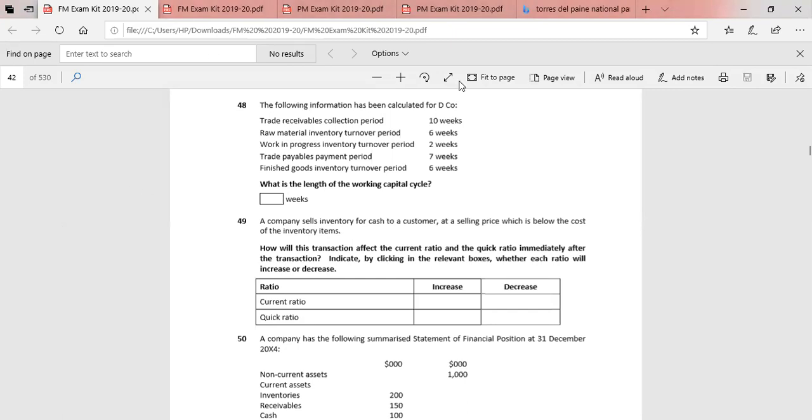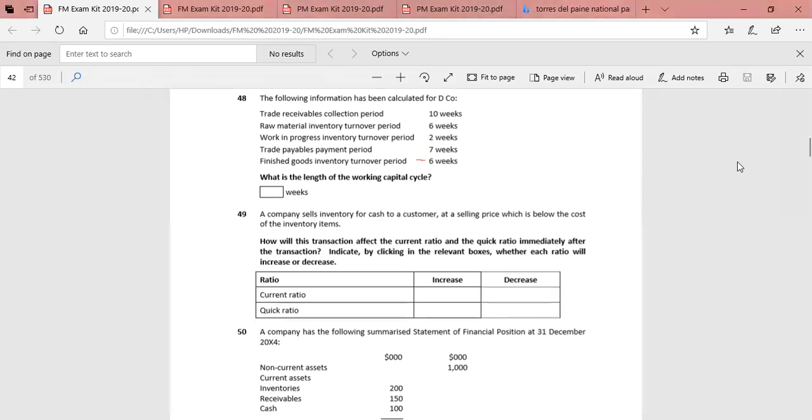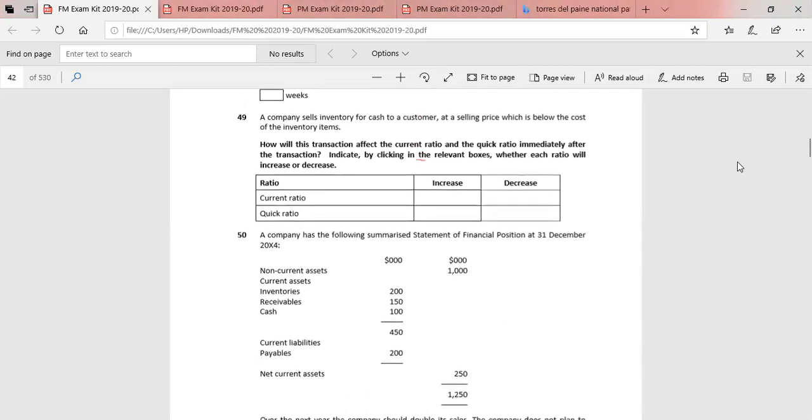Okay, so only one has to be negative. The rest of them have to be added up. So you got it as 17. Yes, okay, 17.